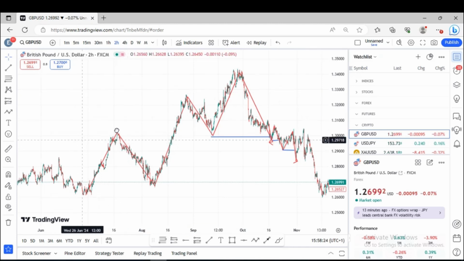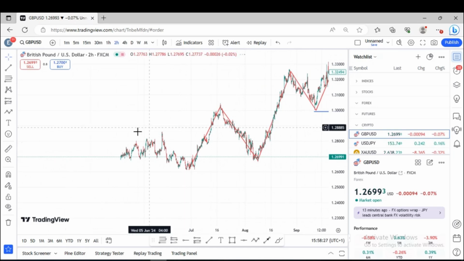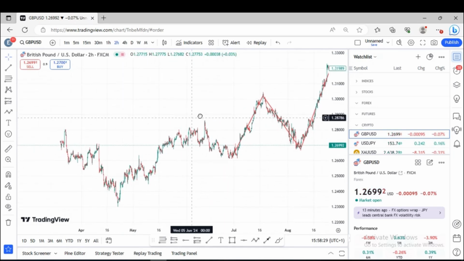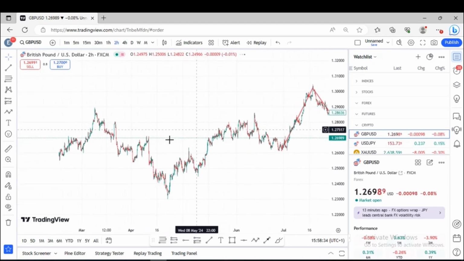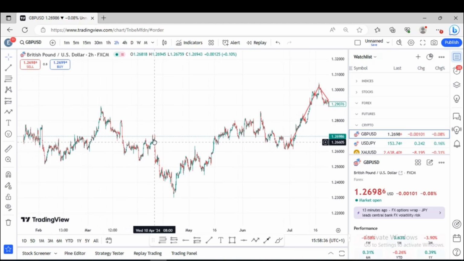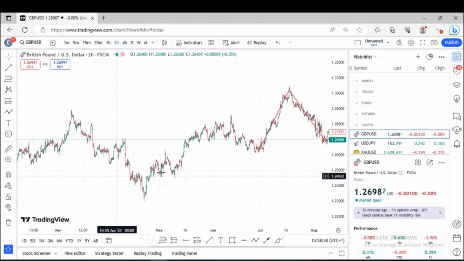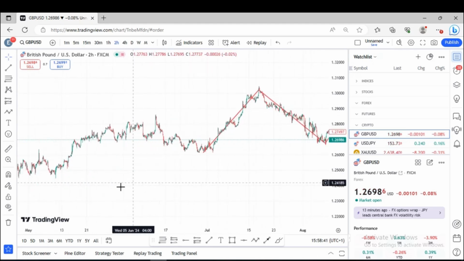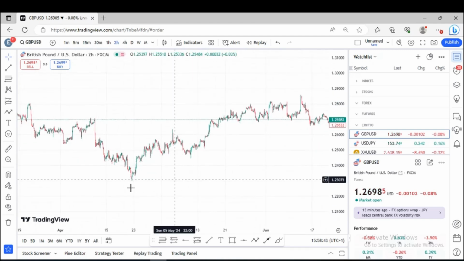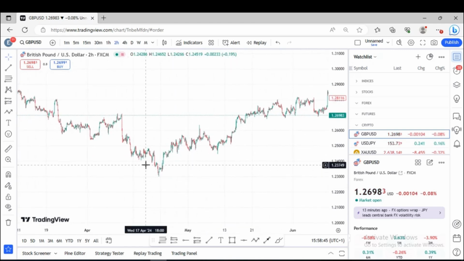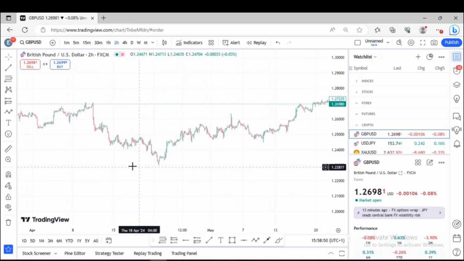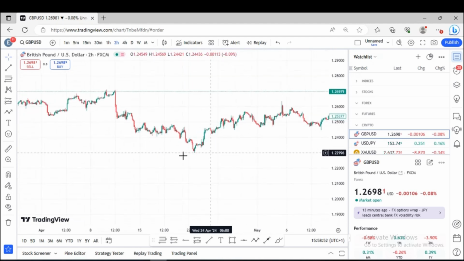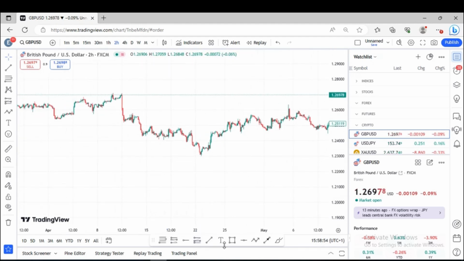Then let me show you the one that is called consolidation. Okay, from here, on this point, the market is consolidating.